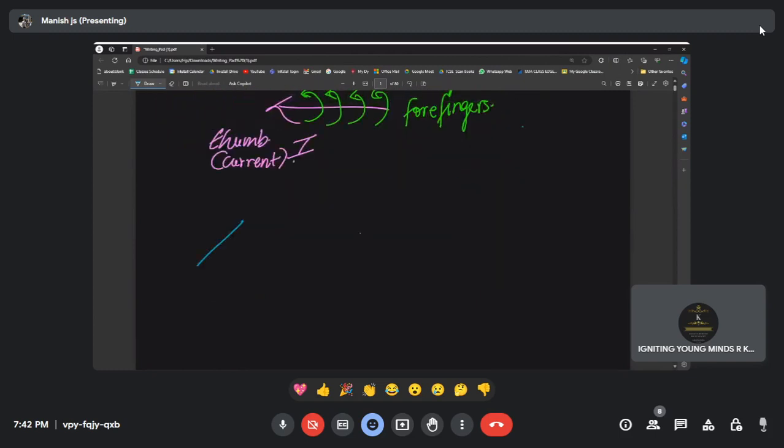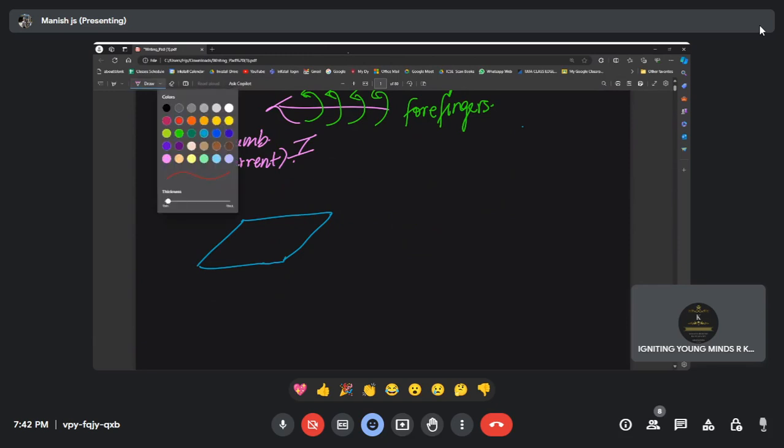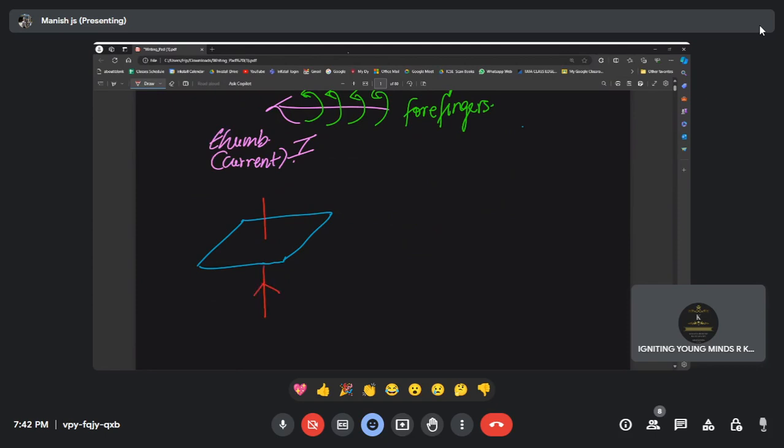Now I take a cardboard, and I'm placing it such that it is parallel to the ground level. Now I'm inserting a straight current carrying conductor. You can see this red wire is your current carrying conductor.